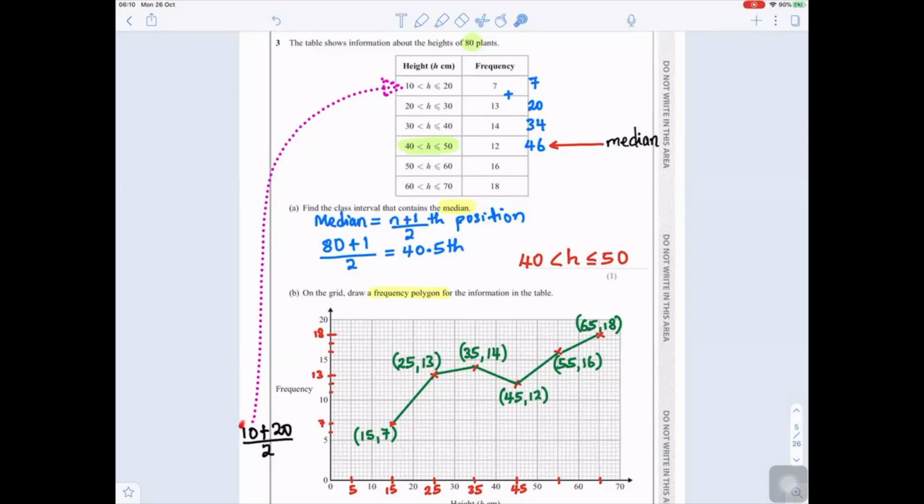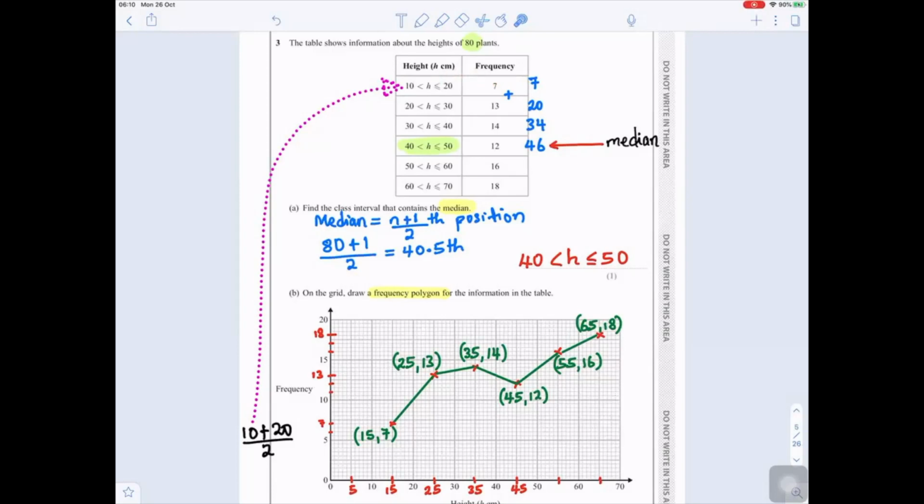So if you look on the bottom left, 10 plus 20 divided by 2 gives us 15. This is from the table. We're going to use 15 and 7. That will be the first point.